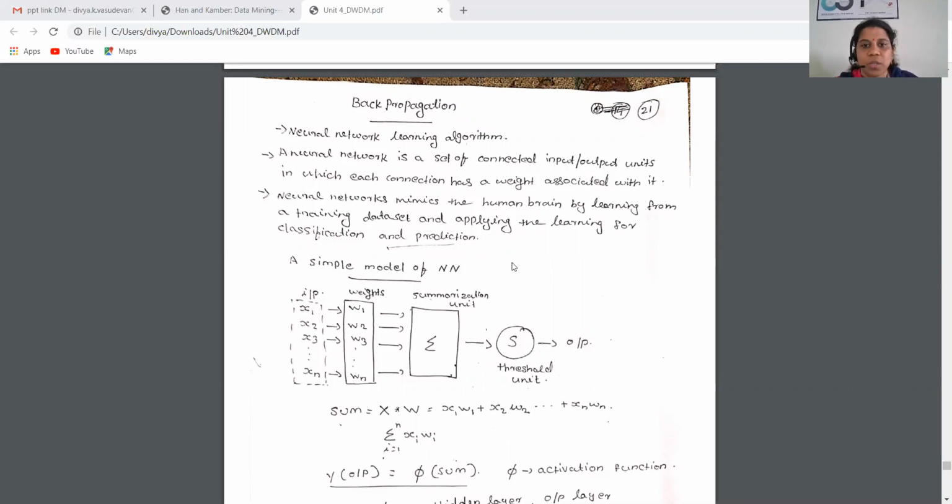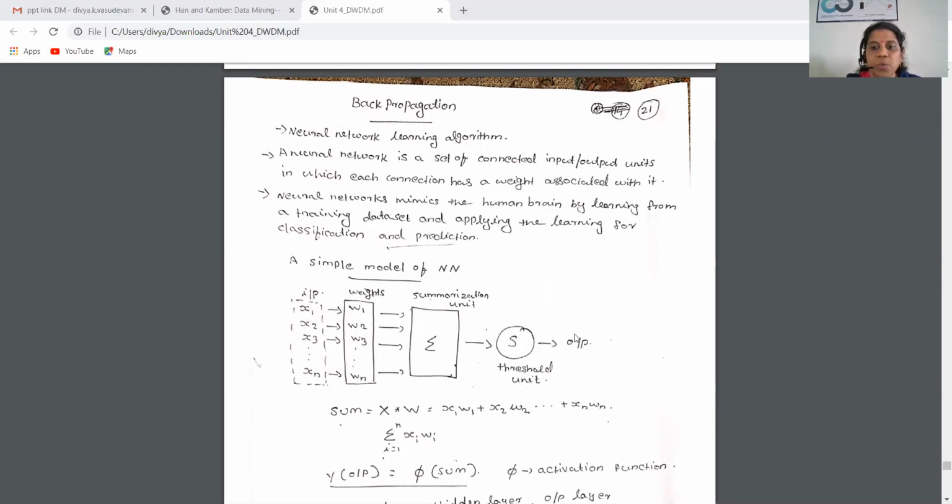As we said, a neural network is a set of connected input-output units, and each connection has a weight associated with it. In the simple model, there is a set of inputs x1, x2, x3, etc., xn, and there will be an output.